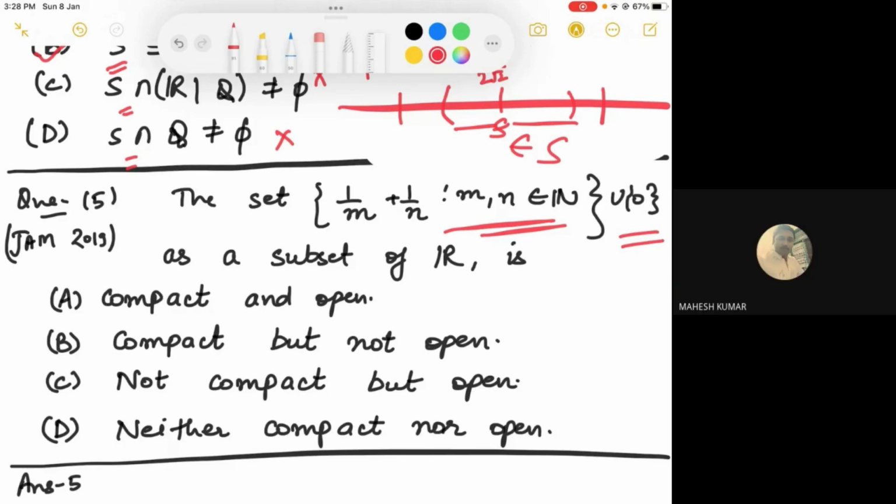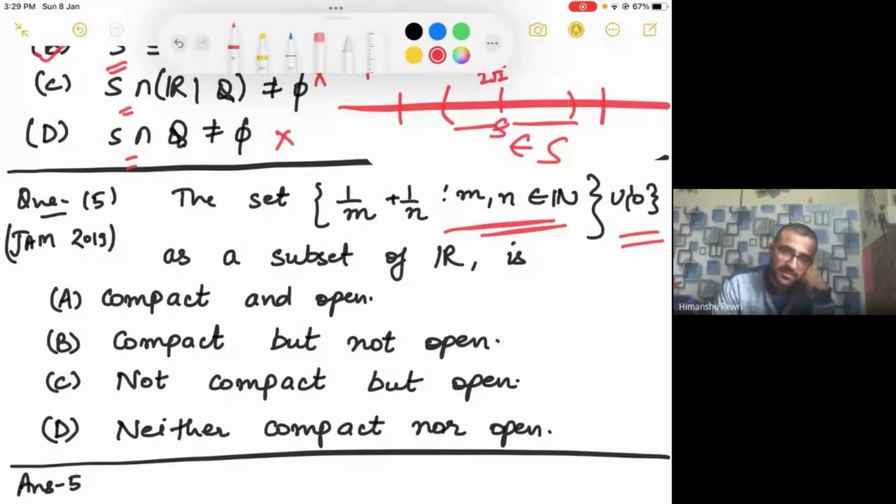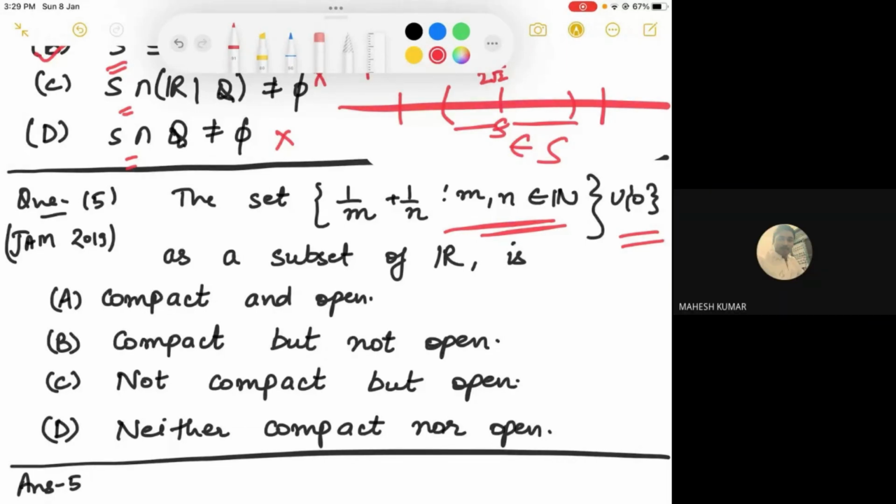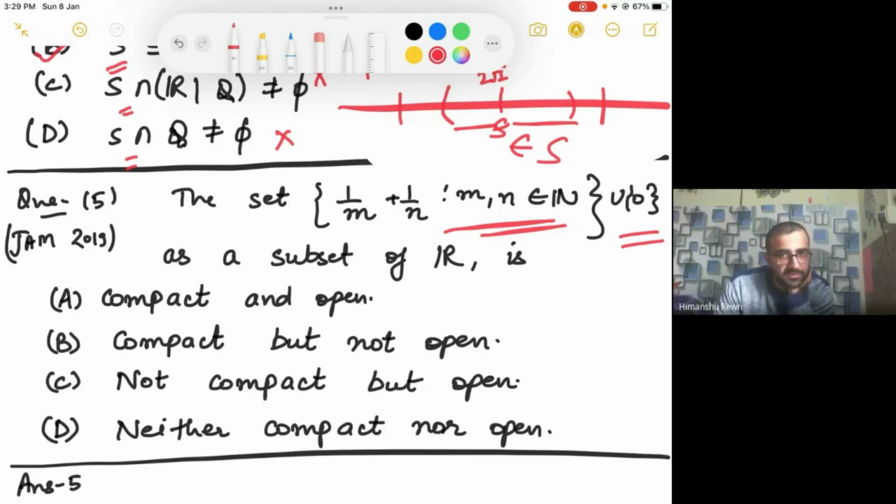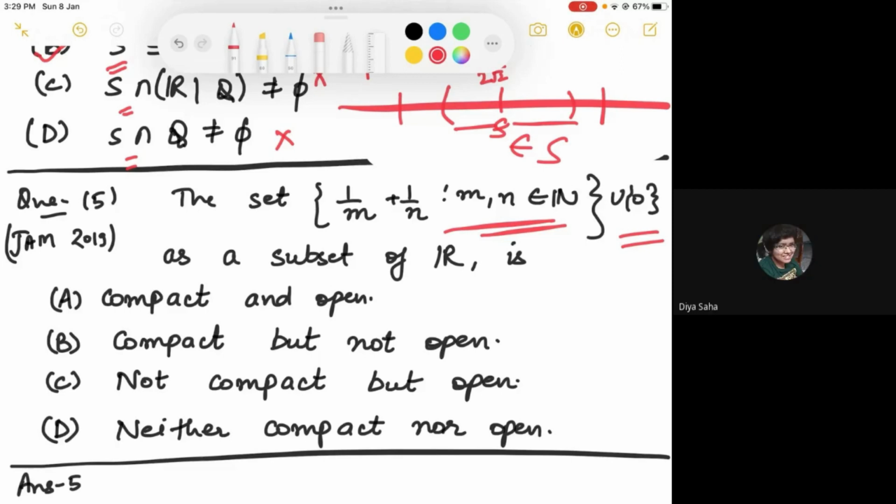Yes. Because limit point 0 also belongs and 1 by n also belongs, so it must be closed. Okay. And of course the limit points lie between 0 and 1. What about bounded? Sir, 1 is a limit point, but 1 is not in the set. Sorry?